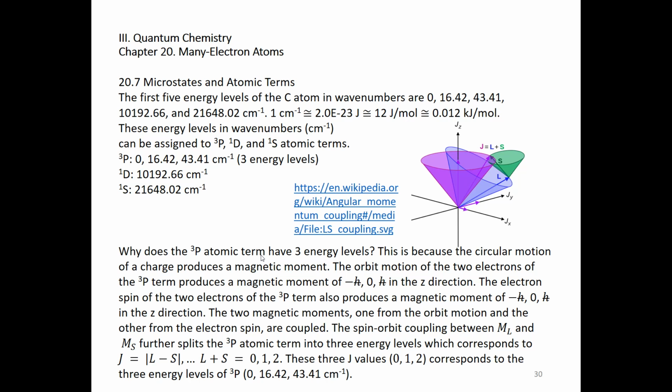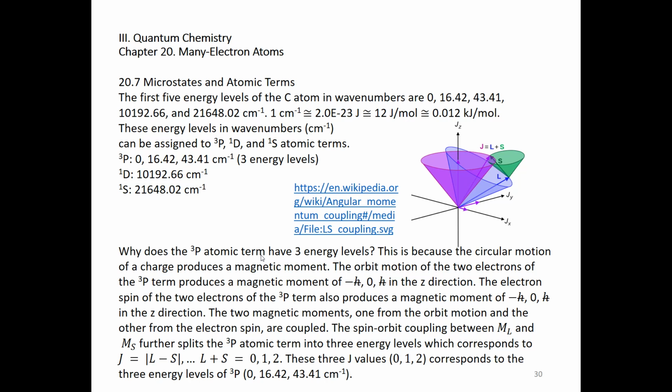So two different circular motions. And we learned that when we have a circular motion of a charged particle, such as an electron, we create an electric current loop, and that creates a magnetic moment.